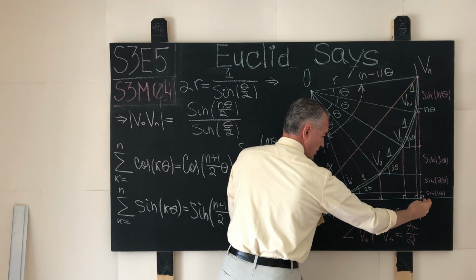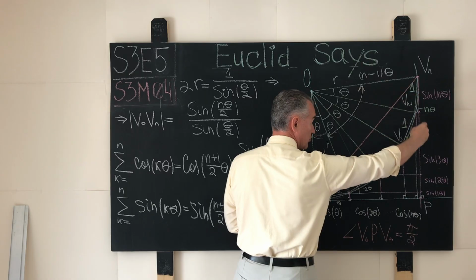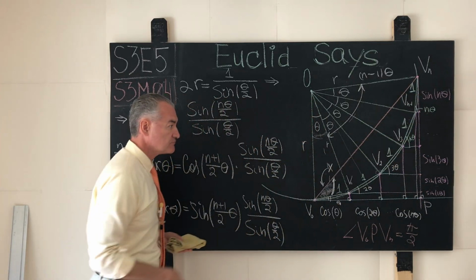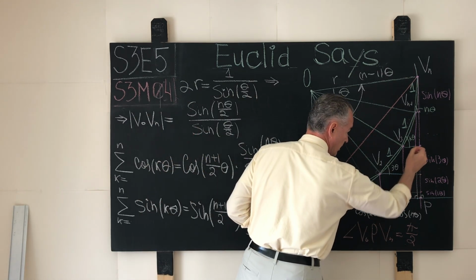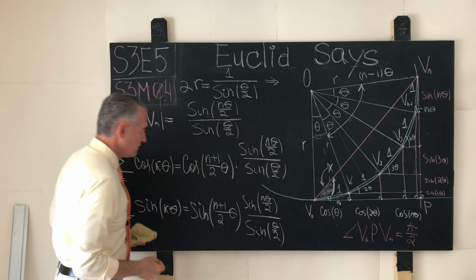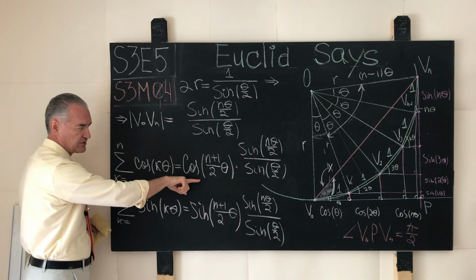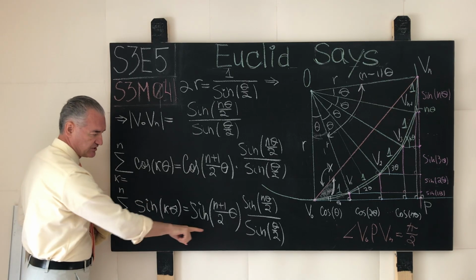Cosines live on a proverbial horizontal, sines live on the proverbial vertical, tight, no gaps, no overlaps. All the angles everywhere where we care, they are right. The whole thing worked, and now this is our result. The sum of cosines is represented this way, and the sum of sines is represented this way.